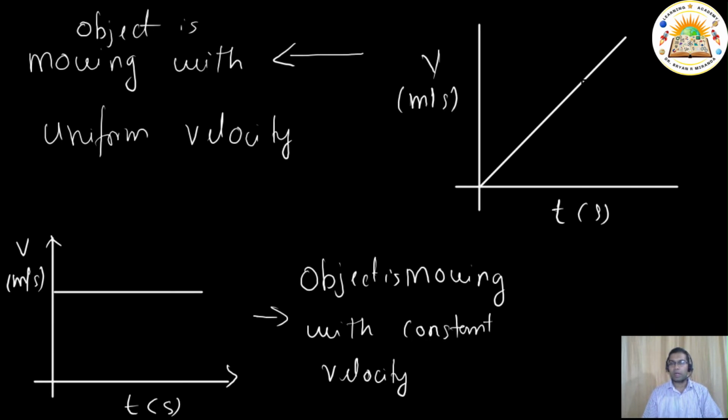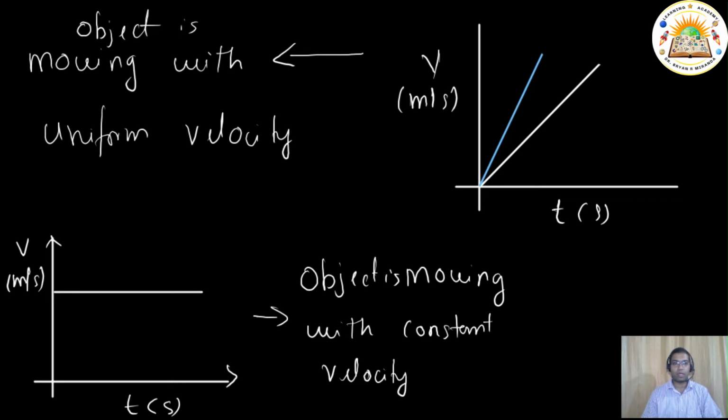Now, depending on the slope, the greater the slope, the greater the acceleration. There is nothing to talk about displacement when we are looking at different slopes. Whatever is the area under this curve would give rise to the displacement.